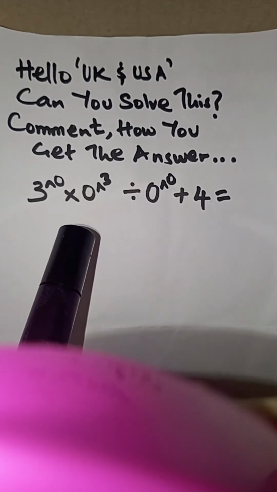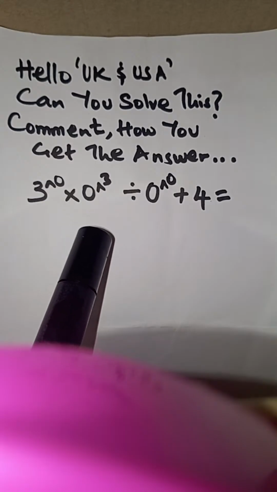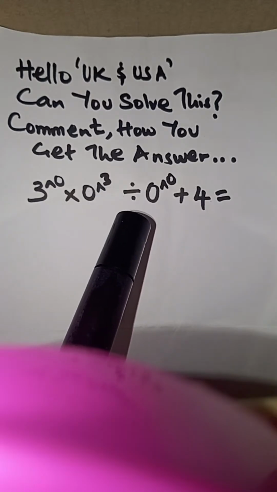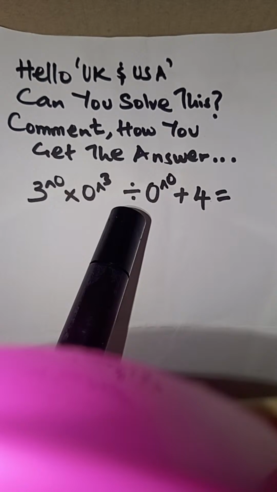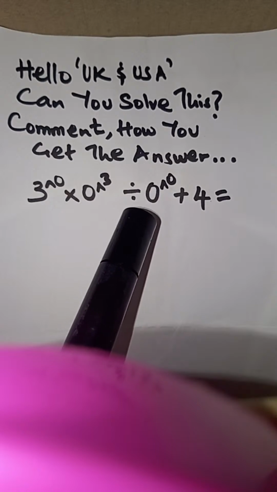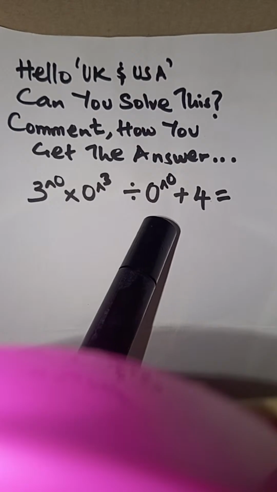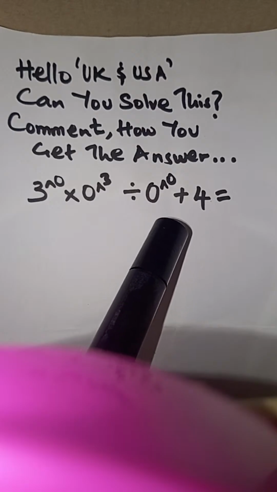So with us we have 3 raised to power 0 multiplied by 0 raised to power 3, then divide by 0 to the power 0. Of course, plus 4.